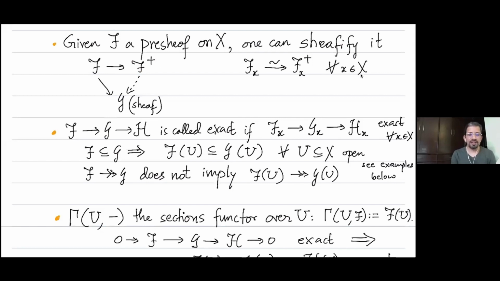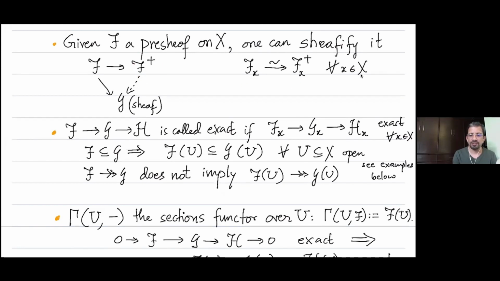So that's your associated sheaf, and the basic property is that for any point x in X, I have an isomorphism of stalks, F_x to F^+_x. The sheafification is denoted F^+, and so F and F^+ have the same stalk.